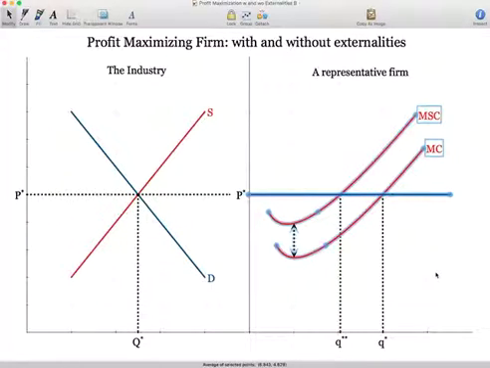So you can see here that if firms can avoid being accountable for those external costs, they're going to have an output level of Q star, but if they're held accountable and have to incur those external costs, the output level Q double star is less than that.